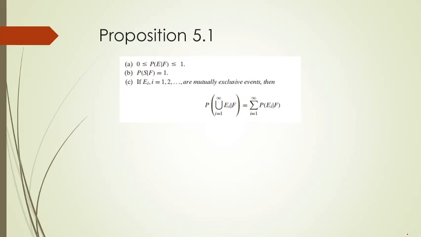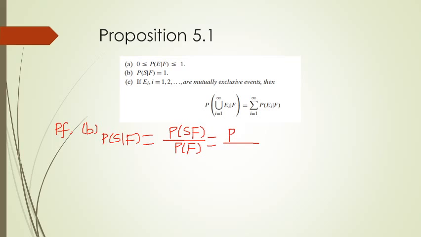Second part: the conditional probability of the sample space given the event F is 1. Event F is a subset. Let's rewrite the conditional probability according to the definition. That is the sample space and F over the probability of F. What is the event, the sample space and F? Just think about the Venn diagram.